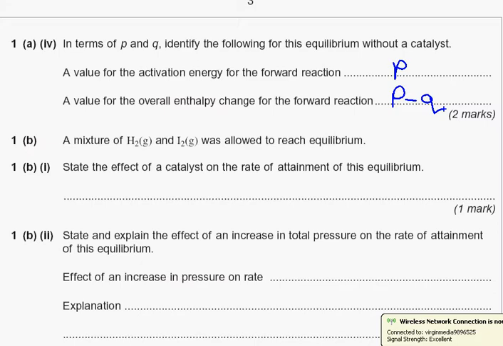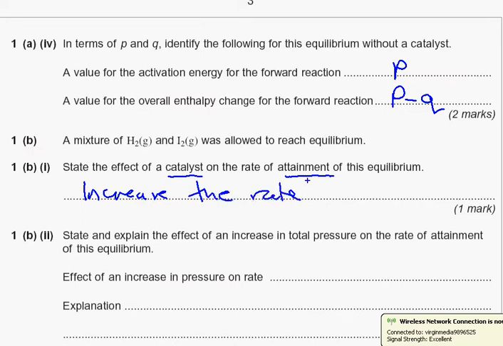All right, 1B. A mixture of hydrogen and iodine was allowed to reach equilibrium. State the effect of a catalyst on the rate of attainment of this equilibrium. As horrible as it sounds, it's quite a nice one. Putting aside the way they've actually asked it, what does a catalyst do?